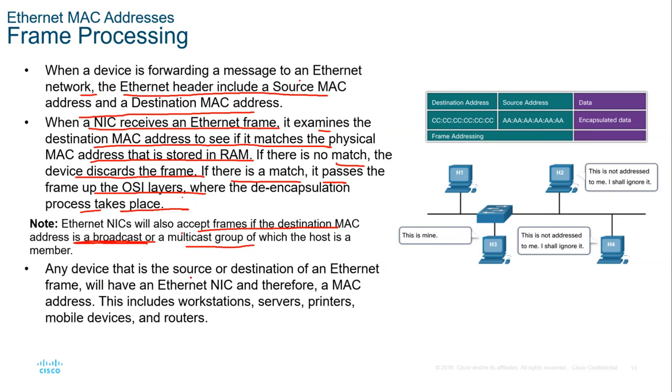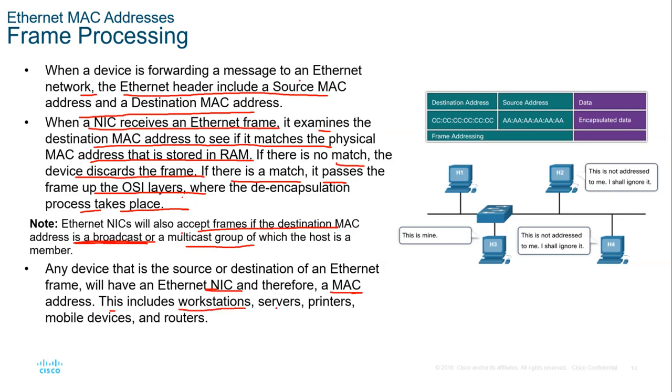So any device that is the source or destination of the Ethernet frame will have an Ethernet network interface card, and therefore a MAC address. Once there is a network interface card, then we expect the MAC address.